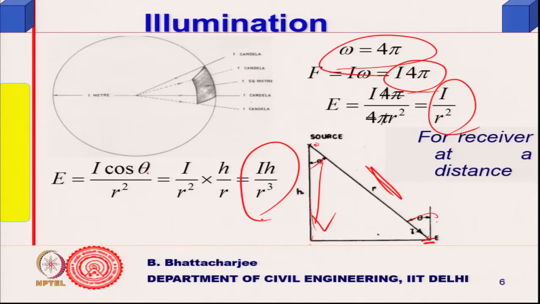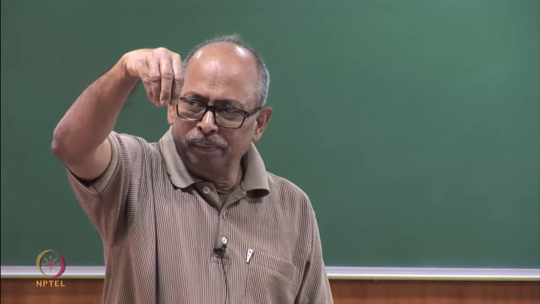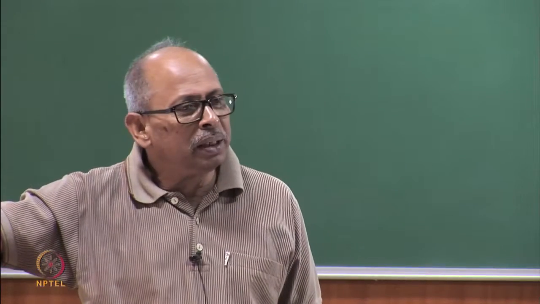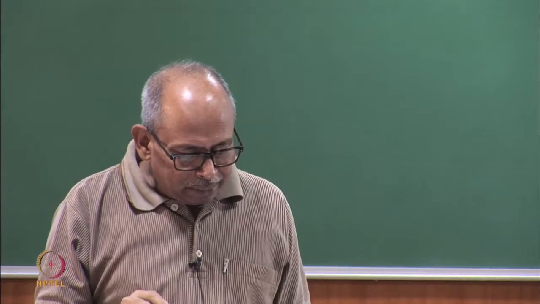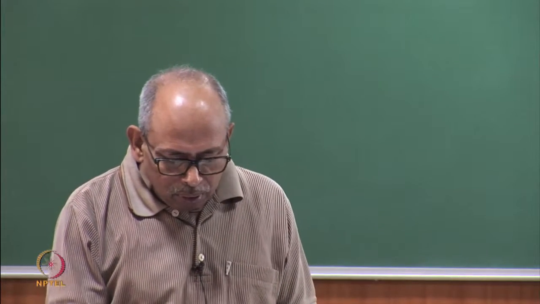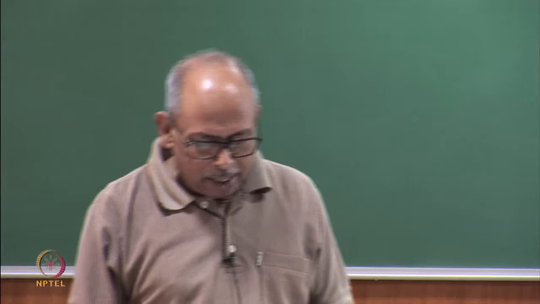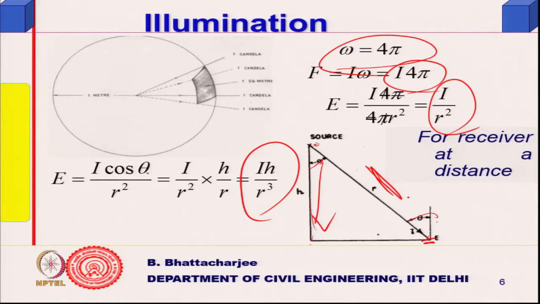So, it is a simple thing, hardly anything in this. If I have a source, I want to find out what is the illumination there, the height is known and the distance r is known, then it is simply I h by r cube, a simple extrapolation of that earlier relationship.